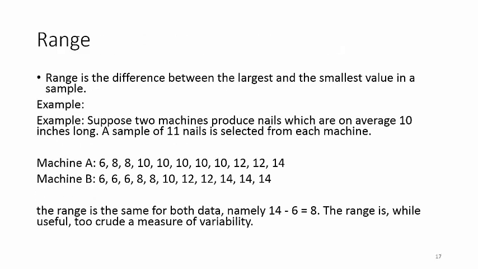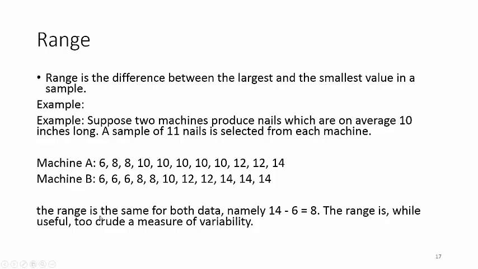Range is the difference between the largest and the smallest value in a sample. For example, suppose there are 2 machines that produce nails which are on average 10 inches long. A sample of 11 nails is selected from each machine, so it looks like this. Machine A has those 11 nails, and machine B has these 11 observations.